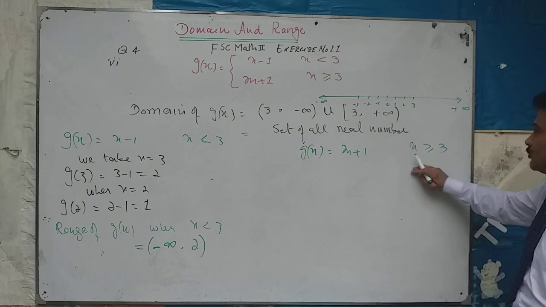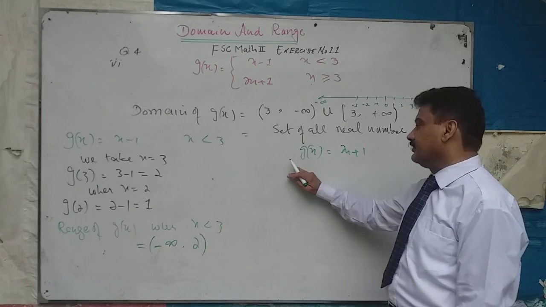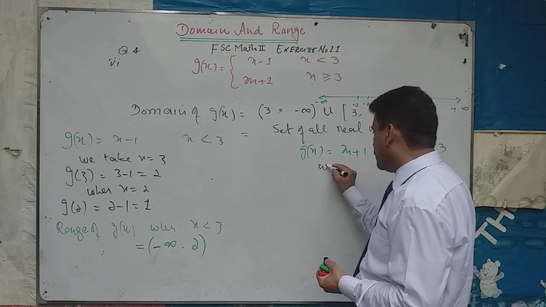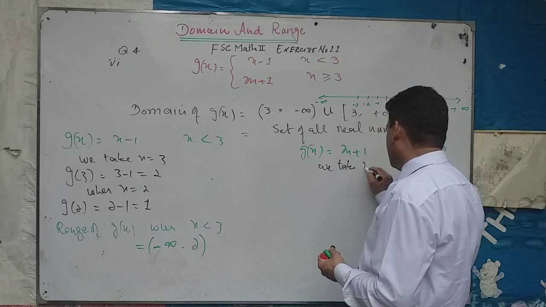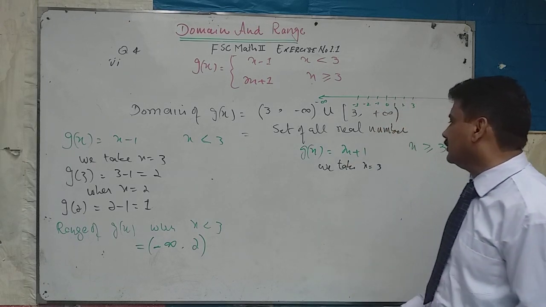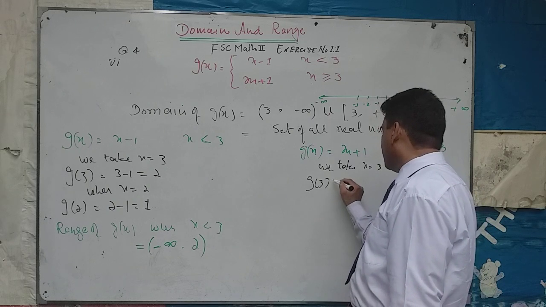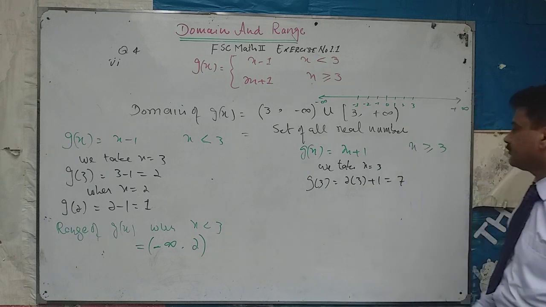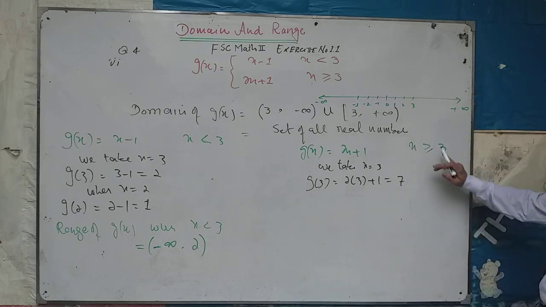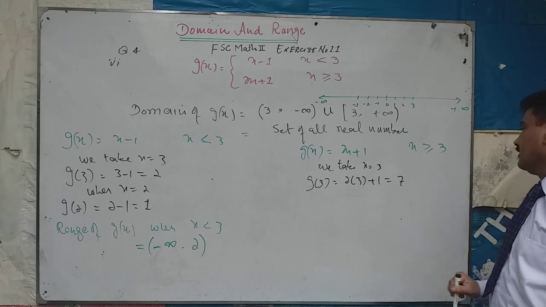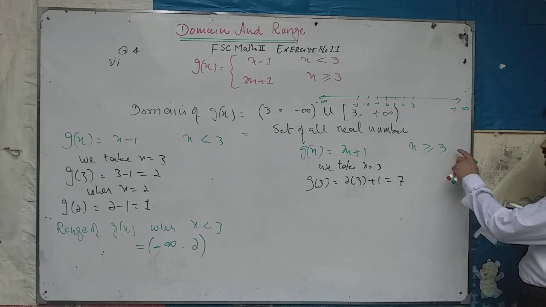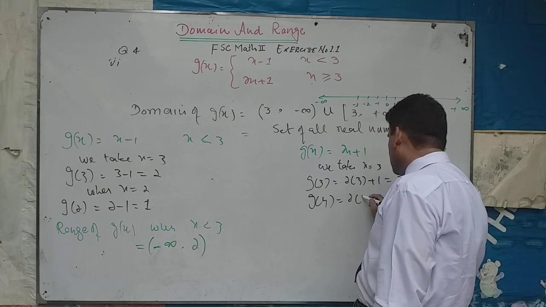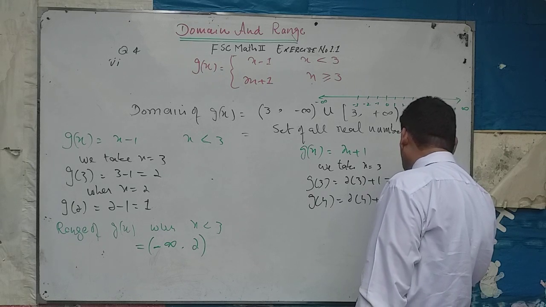We take exactly x equal to 3 and find the function value: 3 multiplied by 2 plus 1 gives 7. 7 is included in our range because 3 is included in our domain. For another value greater than 3, for example 4, g of 4 is 4 times 2 plus 1, which gives 9.